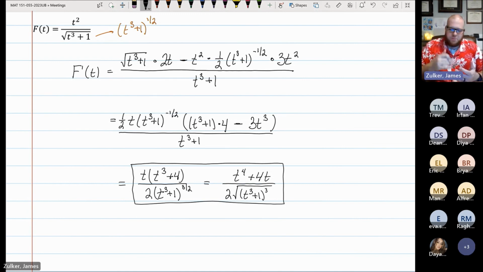The derivative of any constant is 0. Write down the power rule. Write down the sum and difference rule, right? Write down scalar multiple, product rule, quotient rule, and now chain rule. I would also include the general power rule.